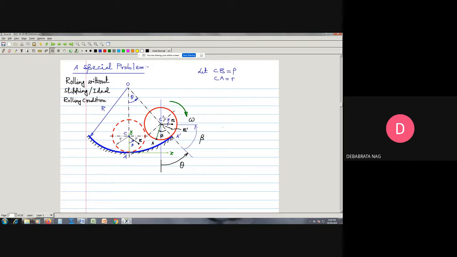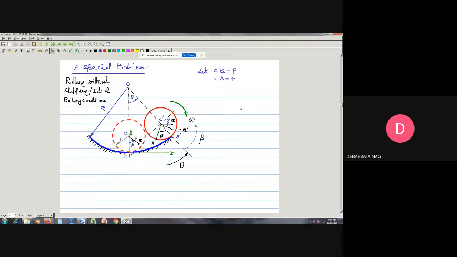So what will be our objective? Before going into this description, let us clarify what our problem is. If we take a general point B on this body, we try to calculate its velocity.